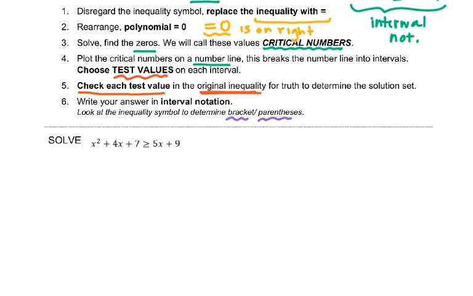Here we have a quadratic polynomial inequality. I'm going to rearrange this, isolating my terms. I can subtract 5x from both sides, which gives me minus x, and subtract 9 from both sides, which gives me negative 2.